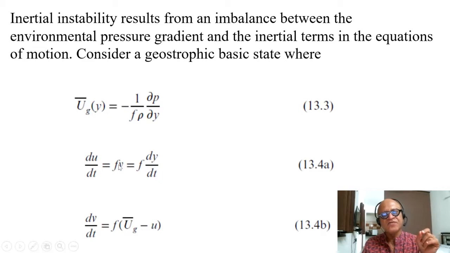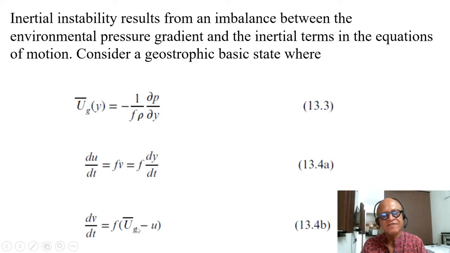So that v then is just dy dt. So then dv dt can be written in terms of f times (u bar g minus u), where of course f is constant. You can do the calculation there in terms of dp dy and so on.